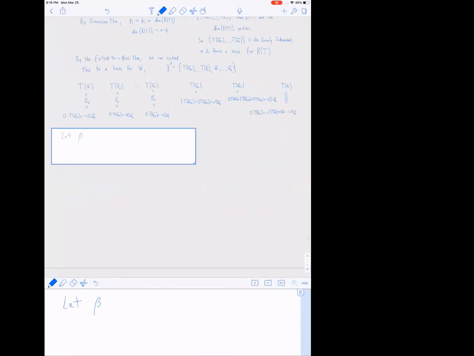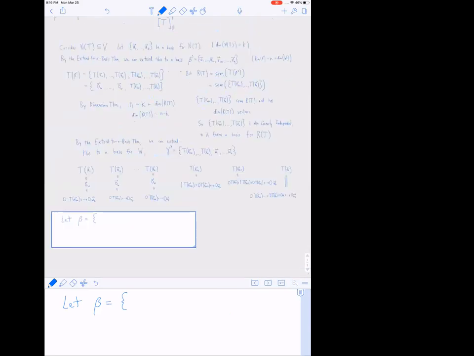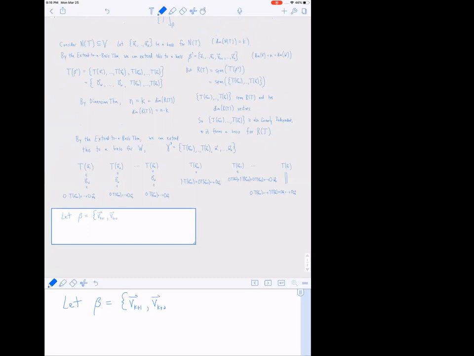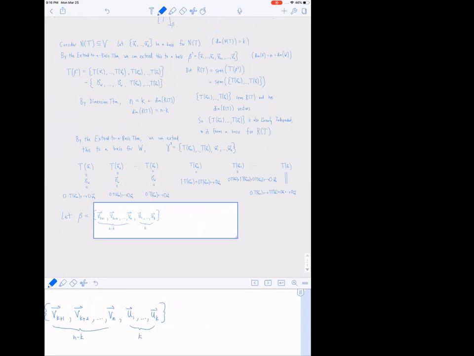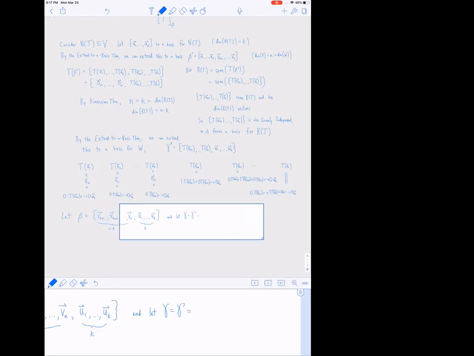Let beta be the vectors v_{k+1}, v_{k+2}, up through v_n, then u_1 up through u_k. Remember, there are n minus k of these and k of these, giving us n vectors in total. And let gamma, well, we were actually okay when we named gamma prime in the first place, so gamma is gamma prime.